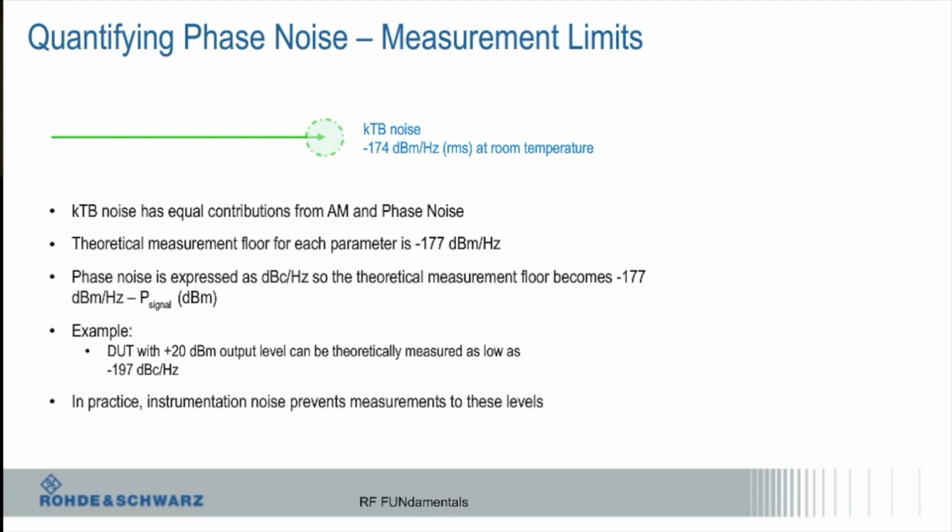So the theoretical noise floor of these is really minus 177, because it's basically, can I go all the way down here, all the way over here, or all the way over there? The phase noise is expressed, as I said, in dBc per hertz, and it becomes minus 177 minus the signal level. And here's an example. But you'll never get anywhere near that, so I wouldn't even worry about it.